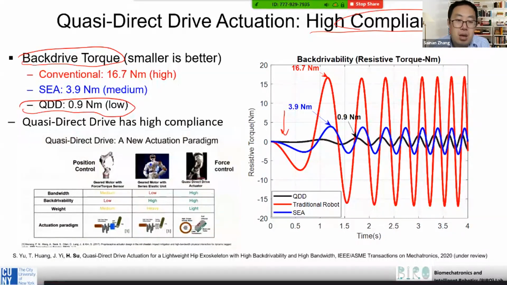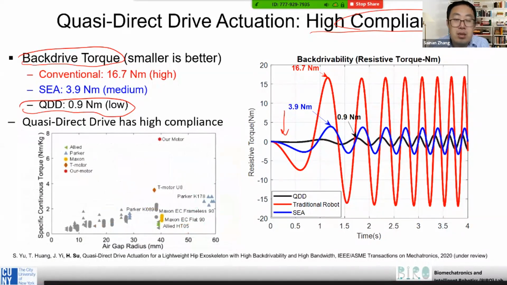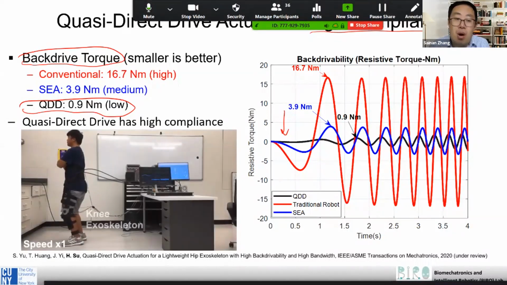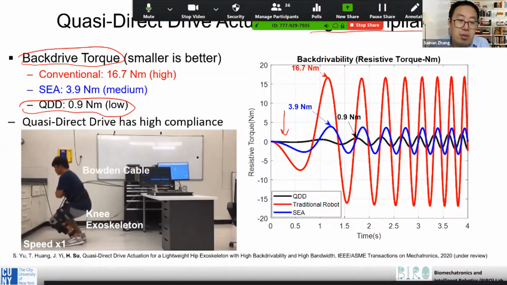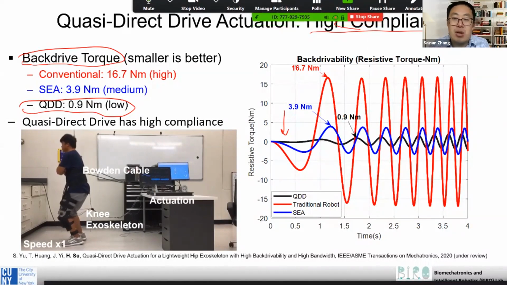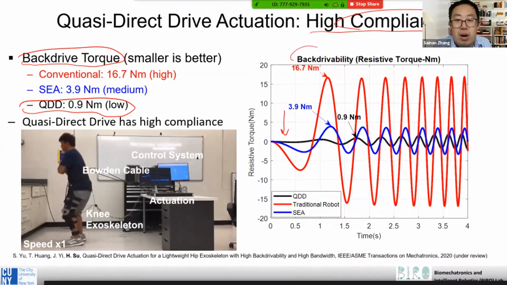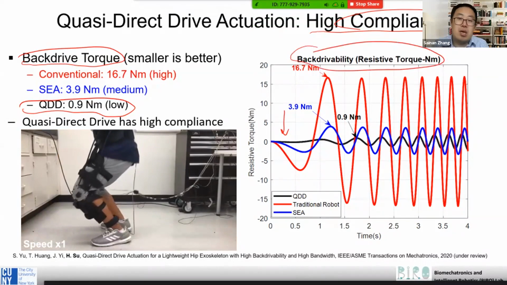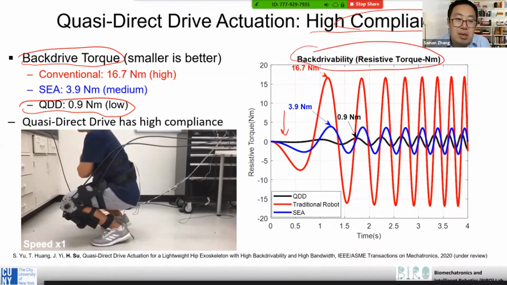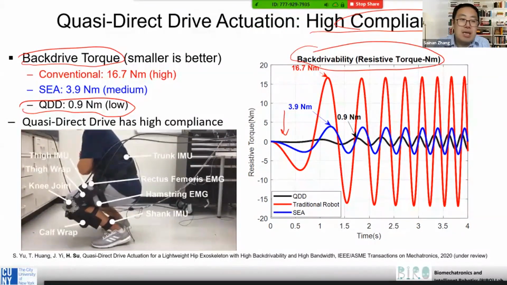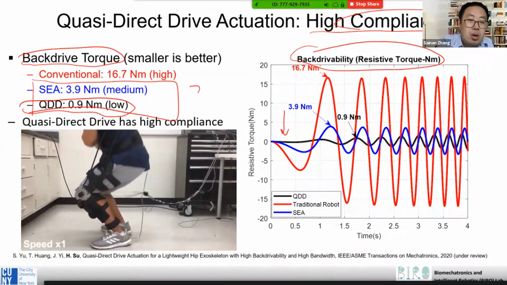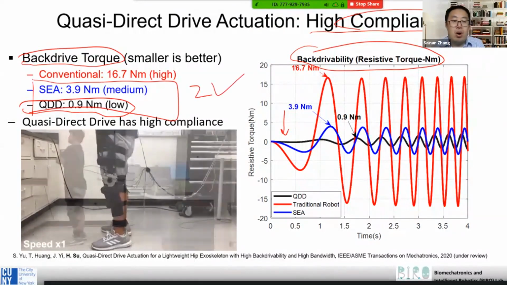So in terms of the final presentation and the final report, this is essentially the result we want you to show. Show this result and show the backdrivability plot. We only require you to do the SEA and the QDD, right? Only two is okay.